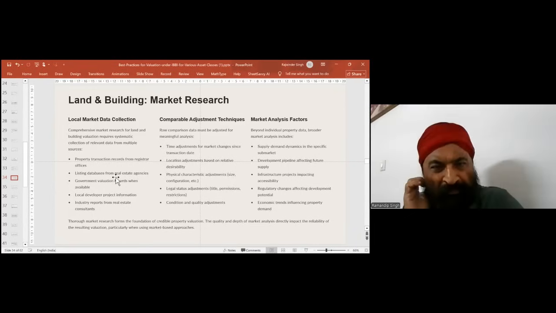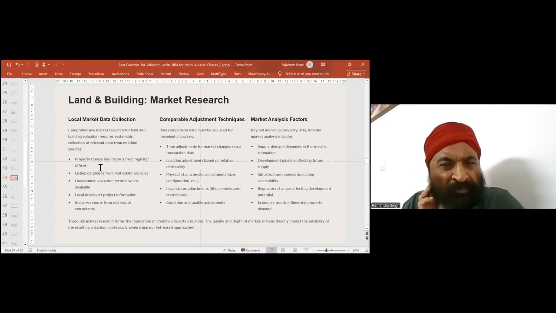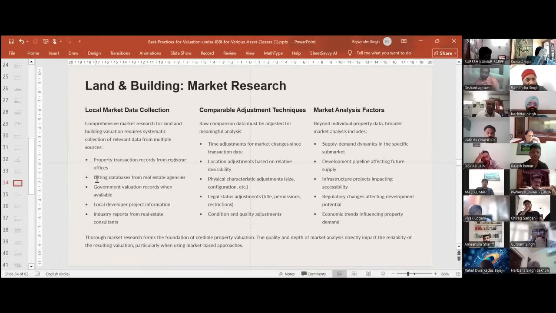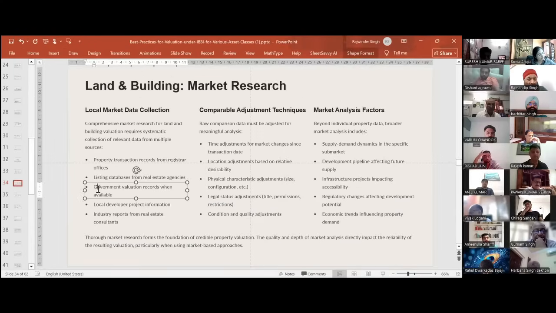From where can you get this data? From property transaction records from the registrar's office. You can collect data from listing databases from real estate agencies, from government valuation records when available, local developer project information, and from industry reports from real estate consultants. So this is how you can collect the data from the local market.